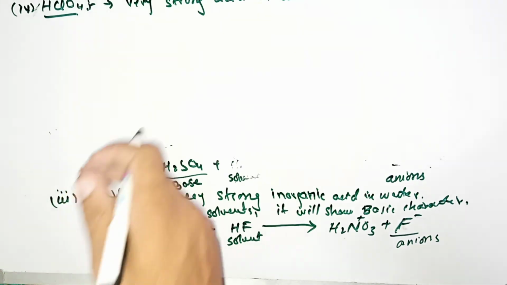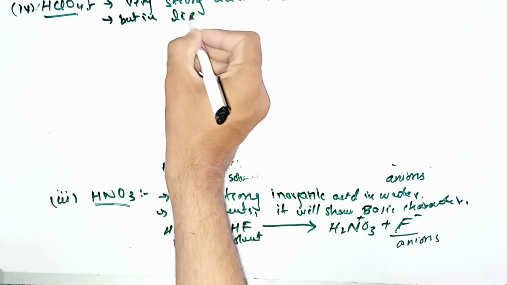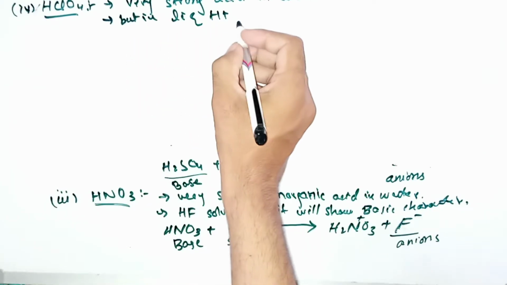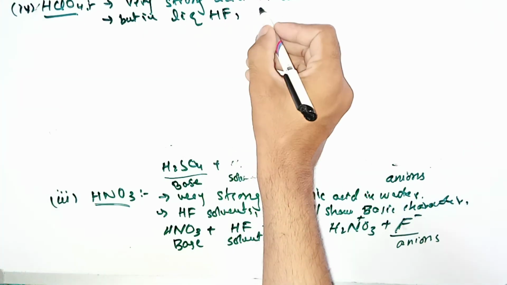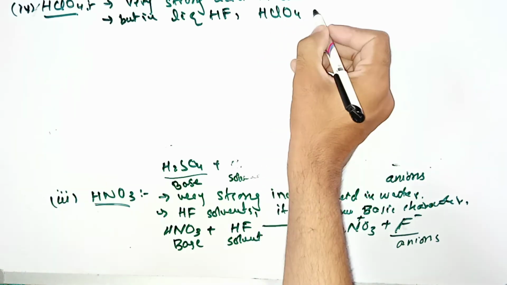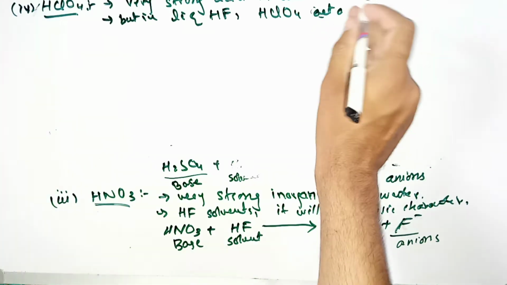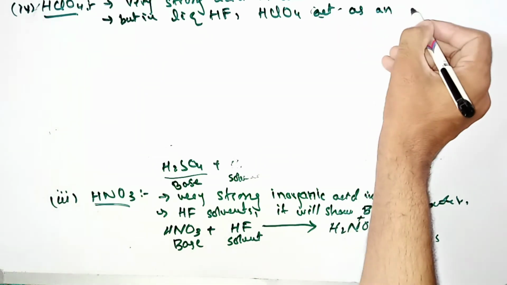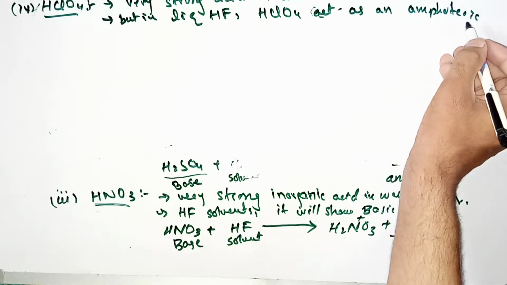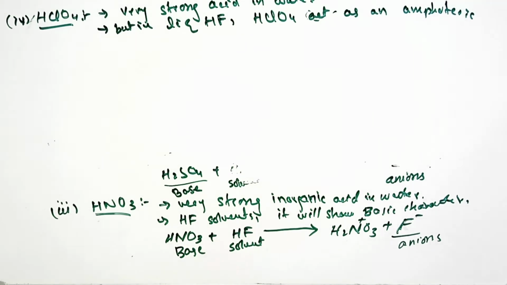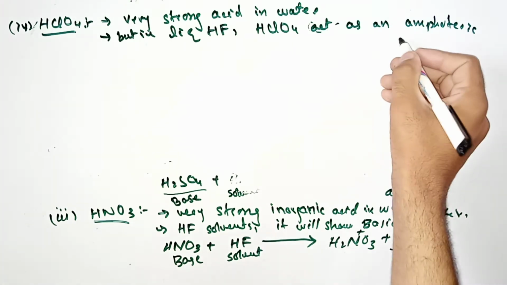But here in case of liquid HF, HClO4 will act as an amphoteric substance.